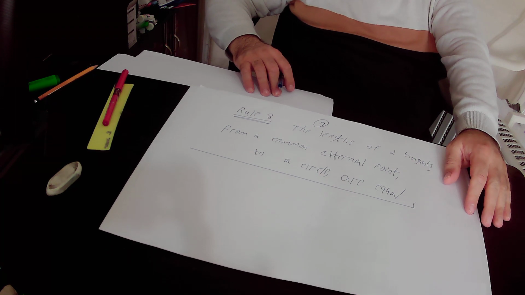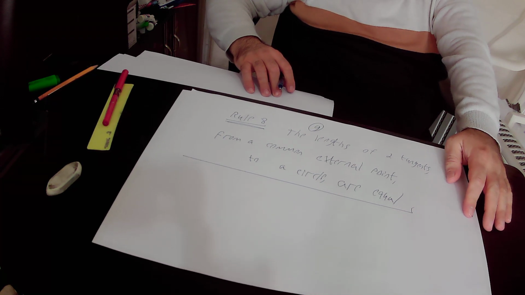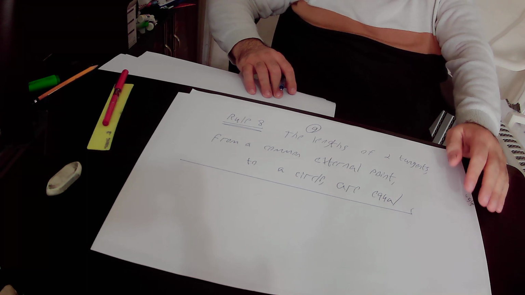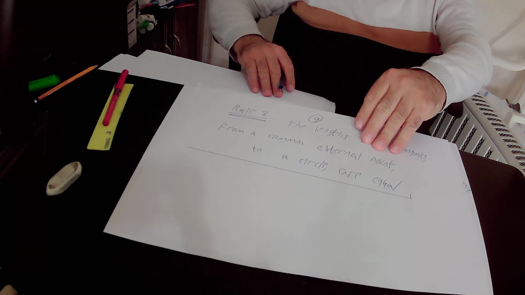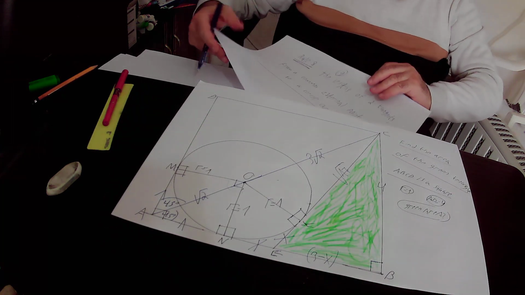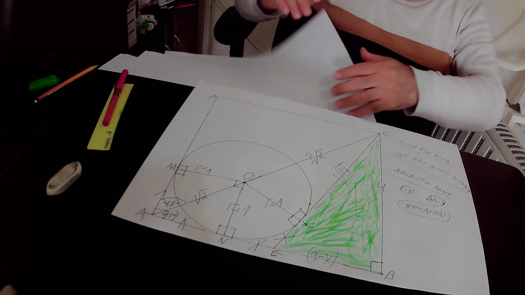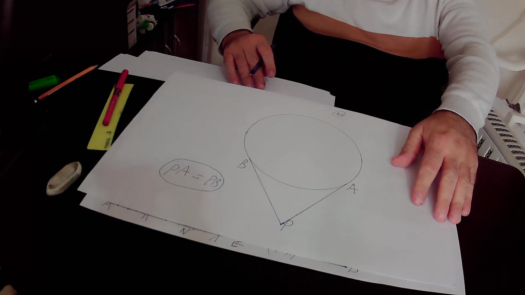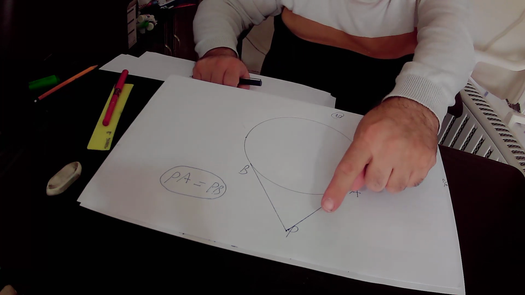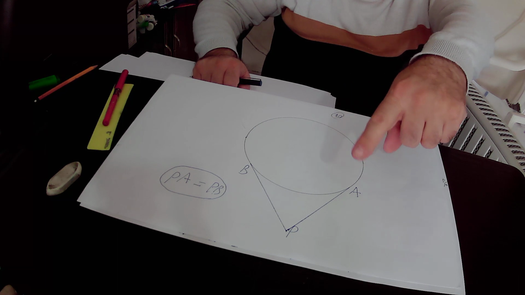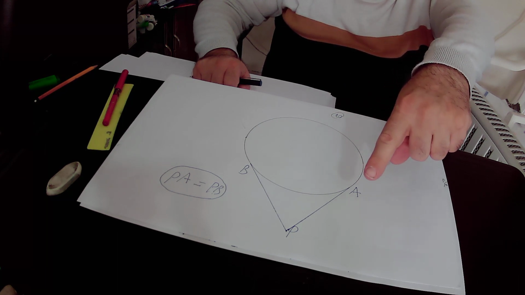Okay, then I presented to you rule number 8. According to rule number 8, the lengths of two tangents from a common external point to a circle are equal. The meaning of rule number 8 is that if we have this circle and the common external point P, and from point P we draw two tangents to this circle, then the lengths of those two tangents will be equal to each other.